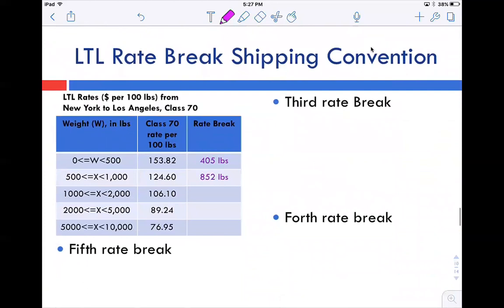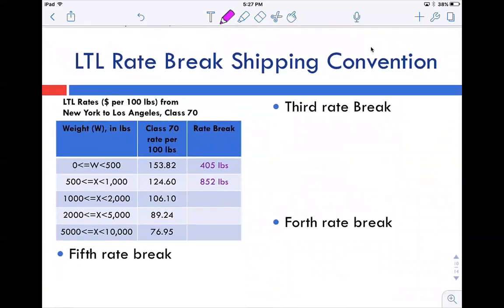How do we calculate the third rate break? So the rate break here depends on how much it would cost if we use the fourth category. So let's do it this way: 2000 divided by 100 because our prices are per 100 pounds, multiplied by 89.24.